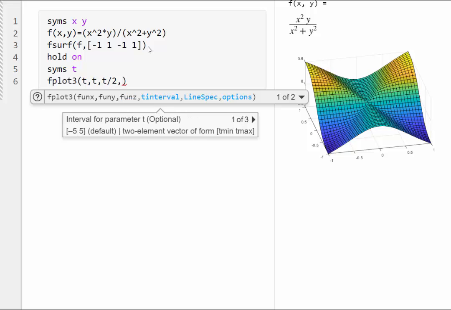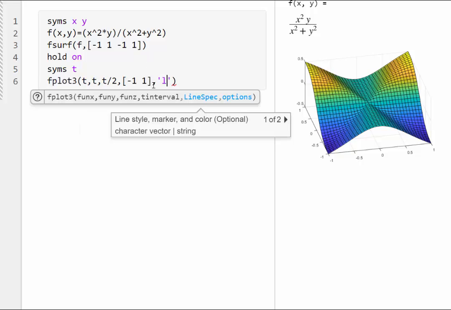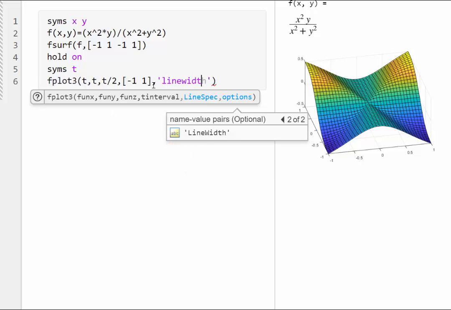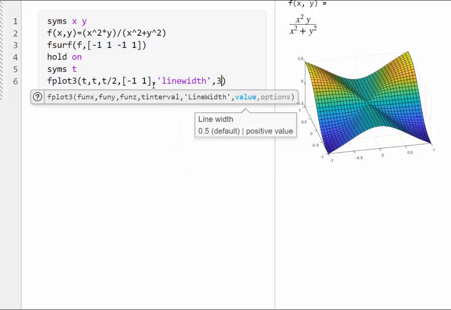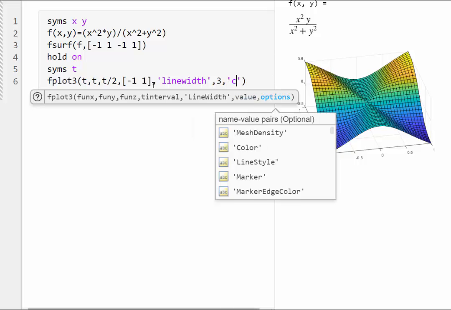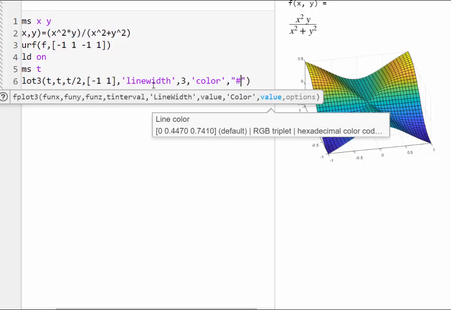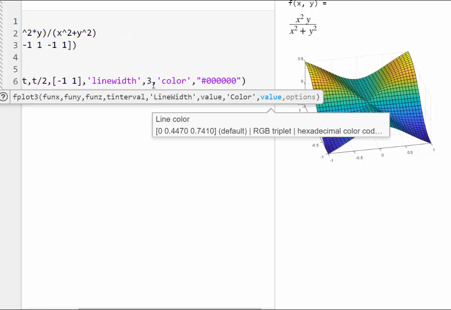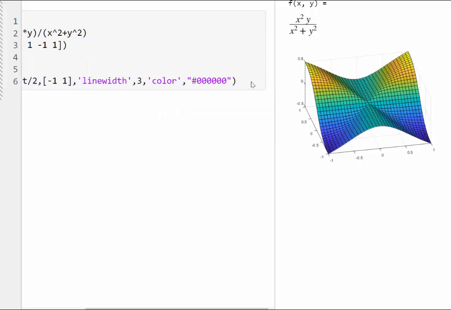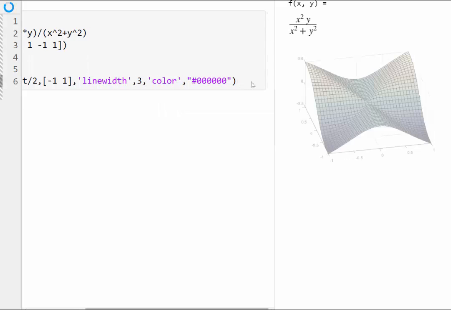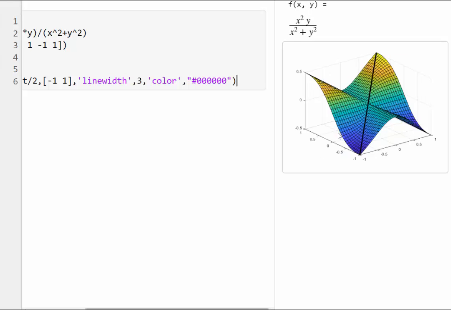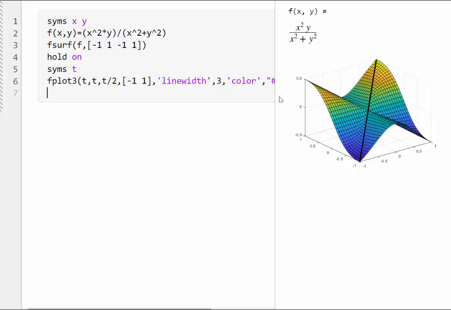Then we have -1 to 1, and let's make our line width 3 and keep the color as black. Then if we press Control Enter, we will see that particular curve and it approaches 0 as (x, y) approaches (0, 0).